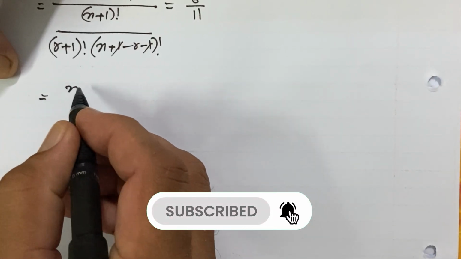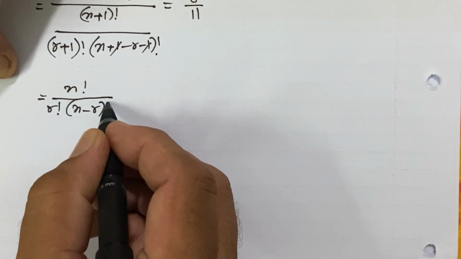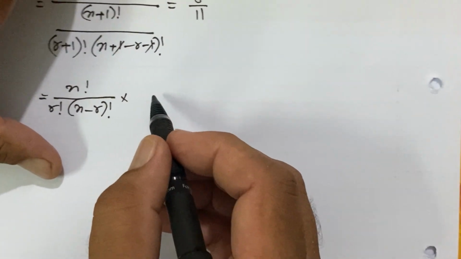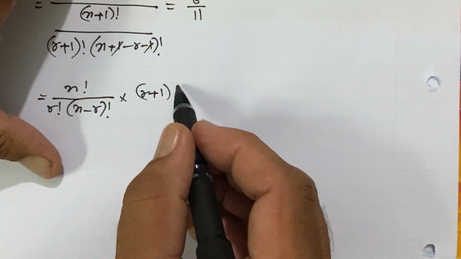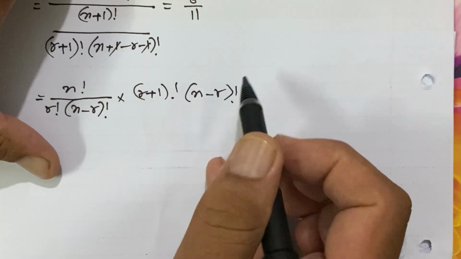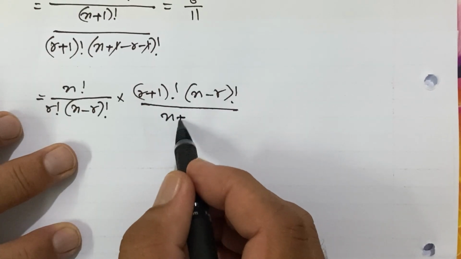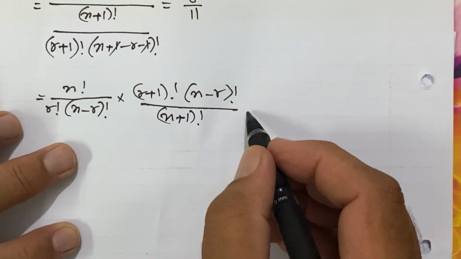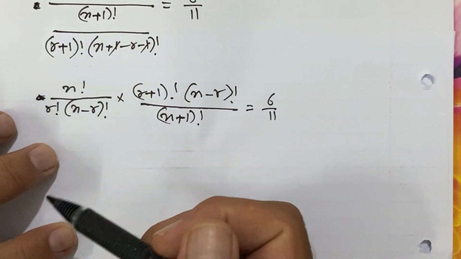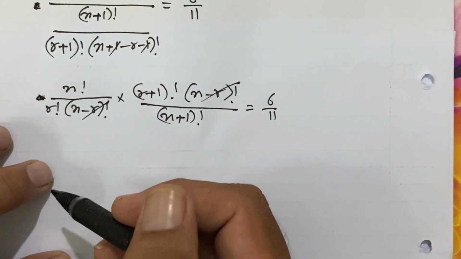Equal to n factorial over r factorial (n minus r) factorial into (r plus 1) factorial, this (n minus r) factorial over (n plus 1) factorial is equal to 6 by 11. Now these two terms are cancelled.